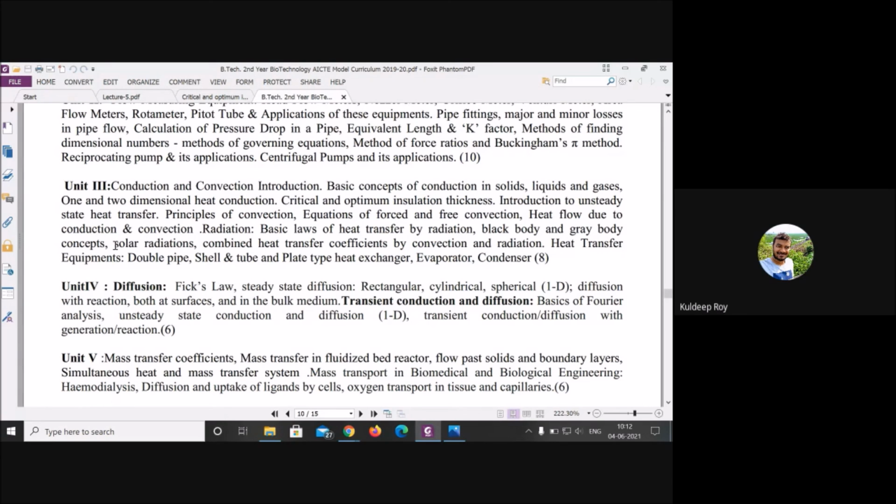Solar radiation, I will teach you. I don't know solar radiation. Okay, let me see. The combined heat transfer coefficient by convection and radiation, we have finished this also. And the heat transfer equipment, it is pending. This whole part is pending, and your solar radiation. So we have finished very early.